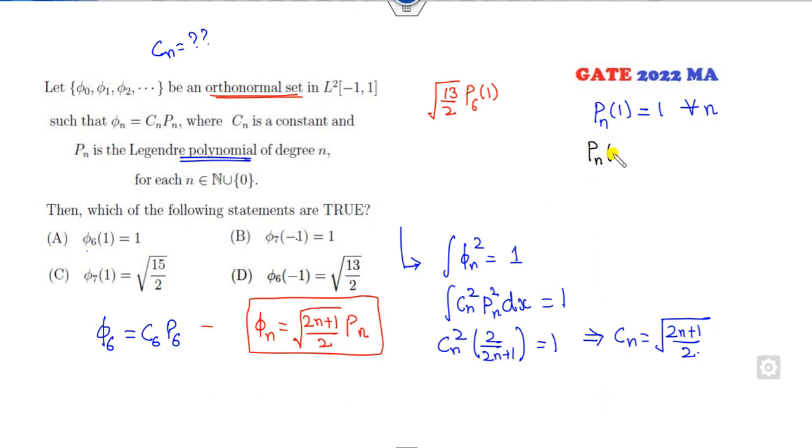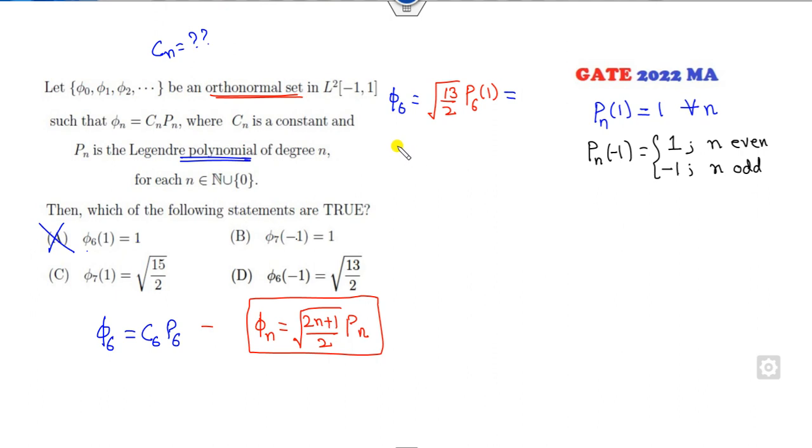P of n at minus 1 is plus 1 if n is even, and minus 1 if n is odd, where Pn is my Legendre polynomial. So what is the answer of this? P of 6 is 1 because it is positive, so it is indeed 1. Option cancel. Look at the second option.